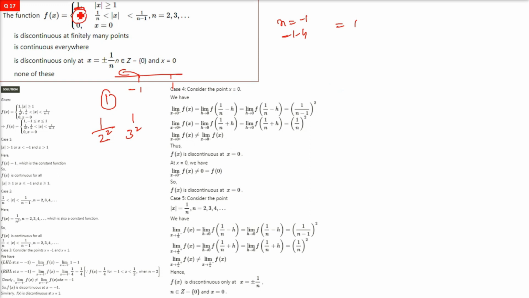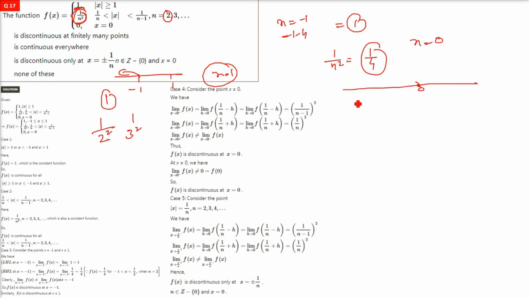But when you are going above -1, you have to follow this 1 by n square. So let us take this 2, so 1 by 4 it is. When you take x tends to -1 plus, it is going to be 1 by 4. Because as I told you, it is -1 and -1/2, in between that. So you have this 1 by 4 and 1, they are not matching, left hand limit and right hand limit. So it is not continuous.